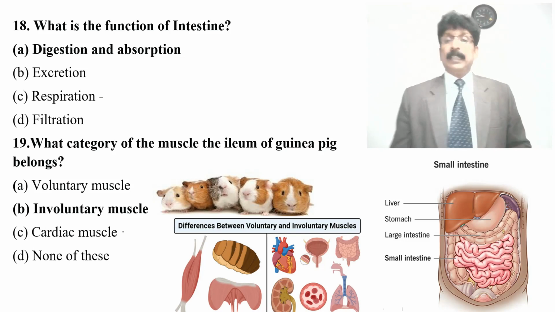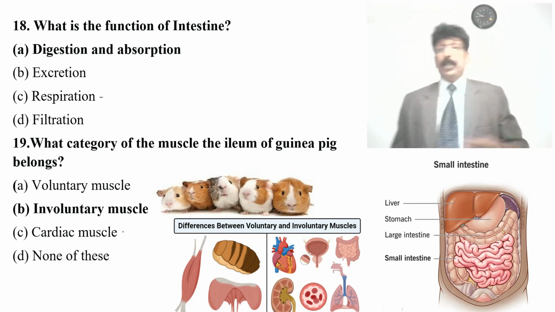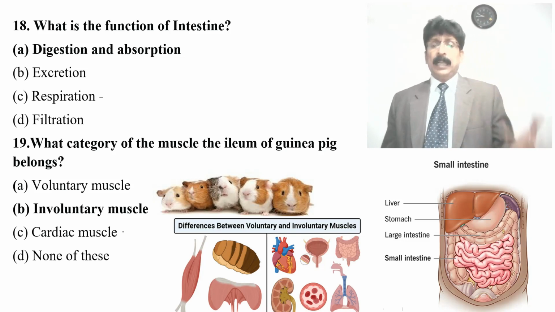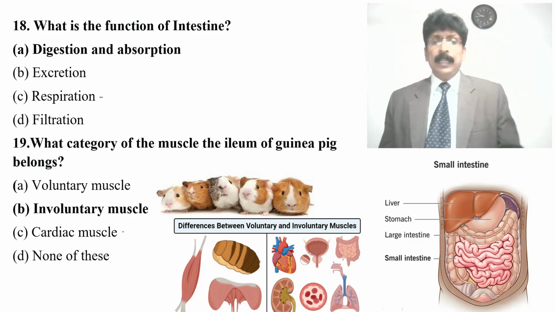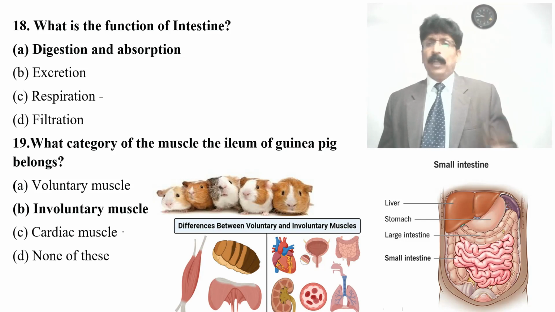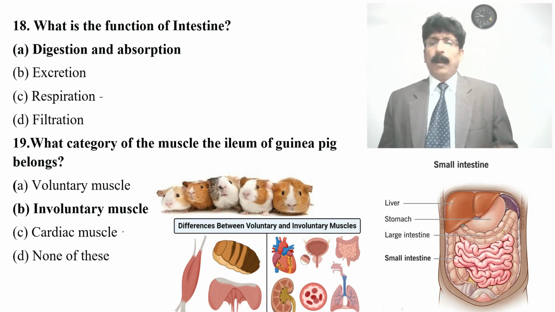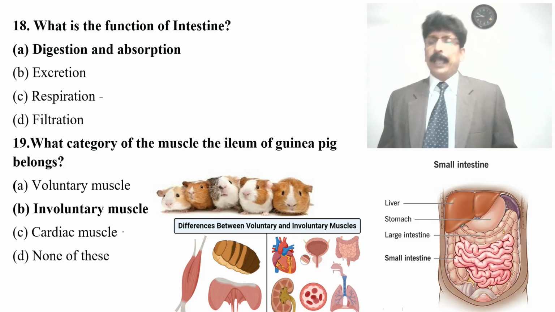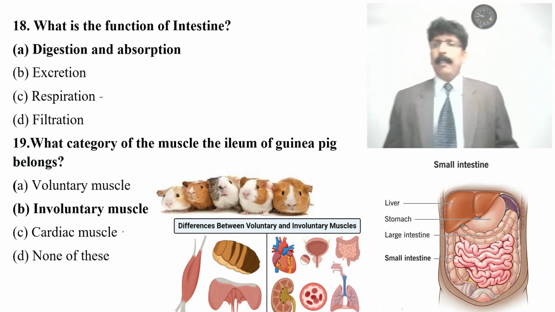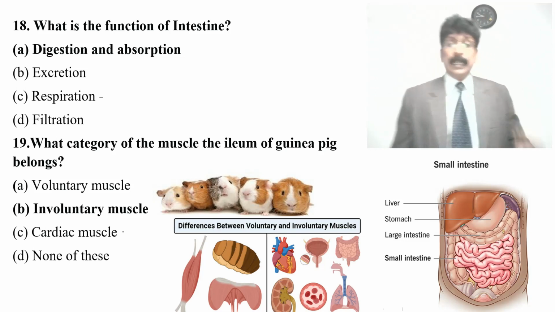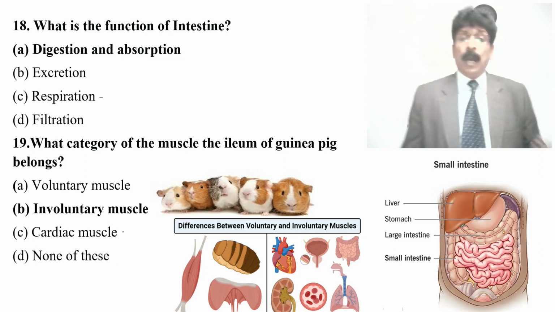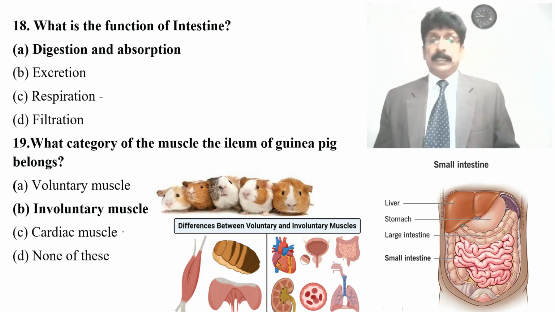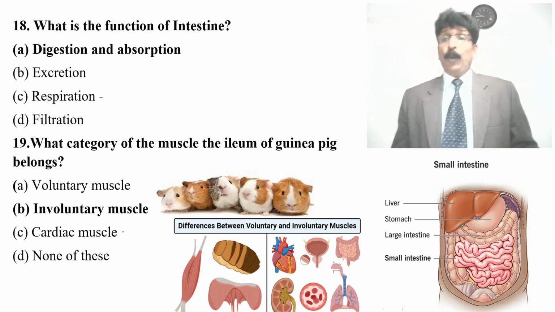Voluntary muscles are those you can control when you are walking, running, or doing some work, like the skeletal muscle shown in the arms and thigh, and even the lower abdomen muscle.